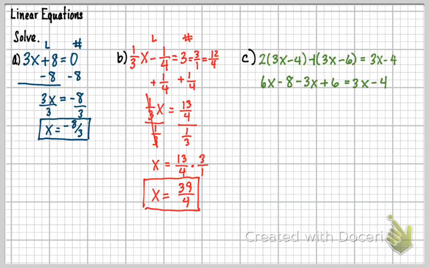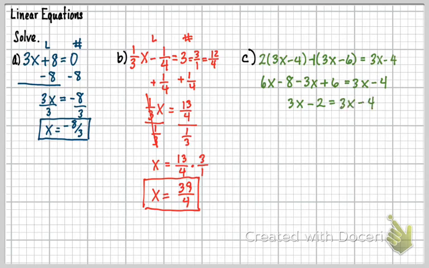So I'm just going to combine those. I can simply add them because they're on the same side. So 6x minus 3x is going to be 3x. And then -8 plus 6 is going to be -2. And that equals 3x minus 4.